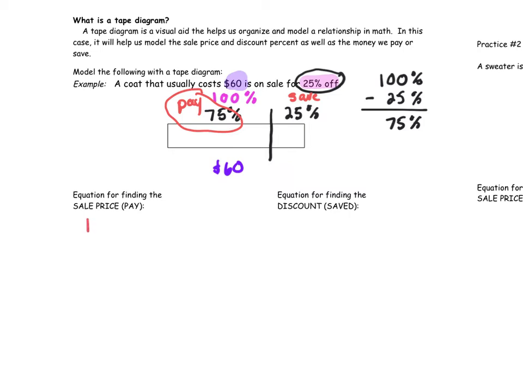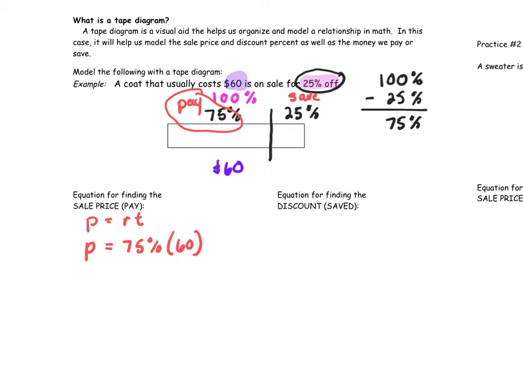So we're going to go back to part equals rate times total. And I want to know the part, you can see that it's part of the diagram, that I would pay if I bought the coat on sale, meaning I'm only going to pay 75% of it, and the total cost of the coat was $60.